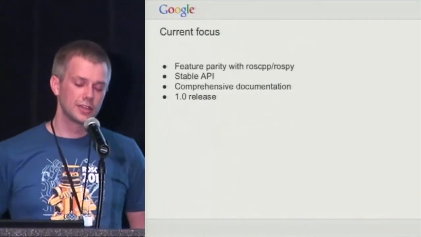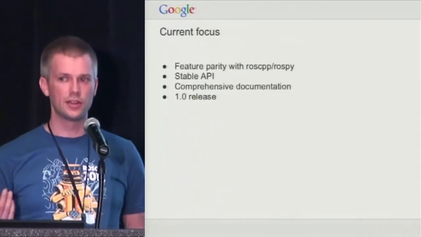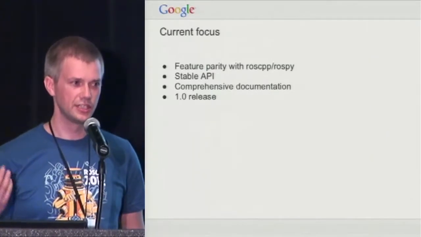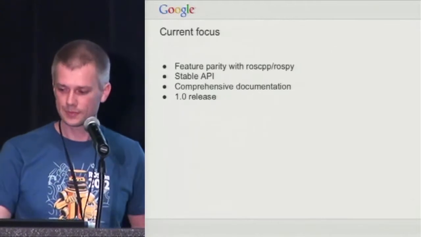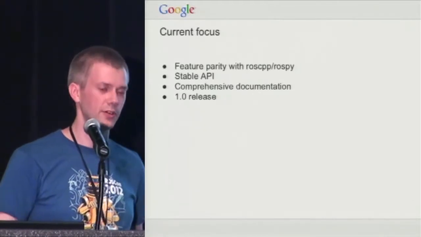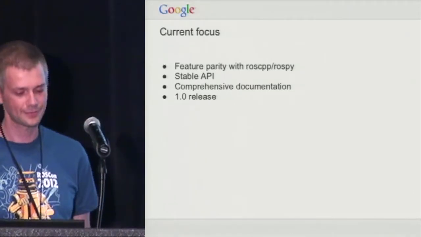Currently what I'm working on is making sure that rosjava has feature parity with rospy, roscpp, things like that, and is completely feature complete. It's pretty close. It's not quite there yet. Along the way, I'm trying to stabilize the API. For those of you that have been using it for quite some time, you know it changes pretty frequently.